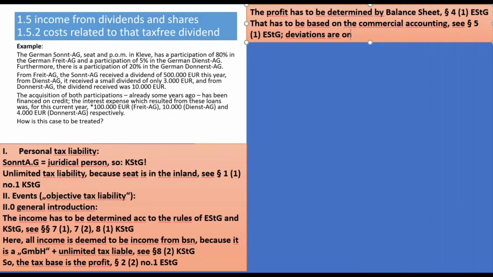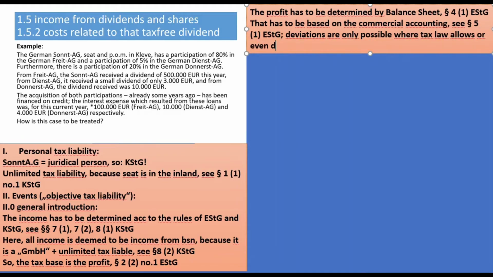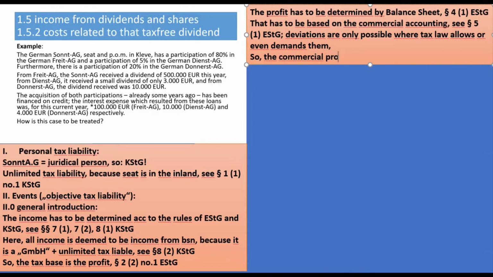Deviations are only possible where tax law allows or even demands them. That's also 5.1. So the commercial profit is the starting point for the calculation of the tax profit.